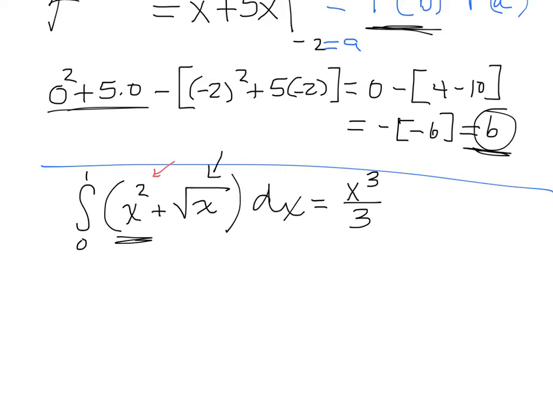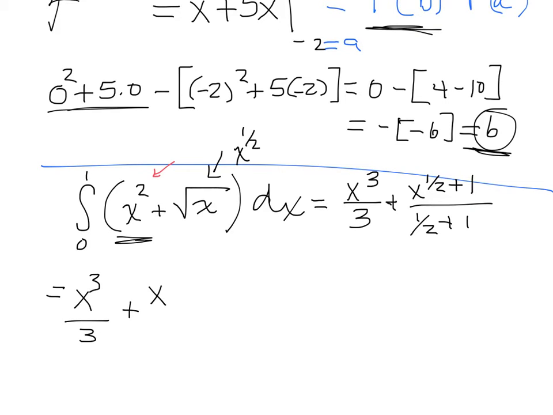This piece here is the same thing as x to the 1/2 power. So we'll write that one in a few more steps. So that's x to the 1/2 plus 1, and the bottom will be 1/2 plus 1. So we have x to the 3rd over 3.